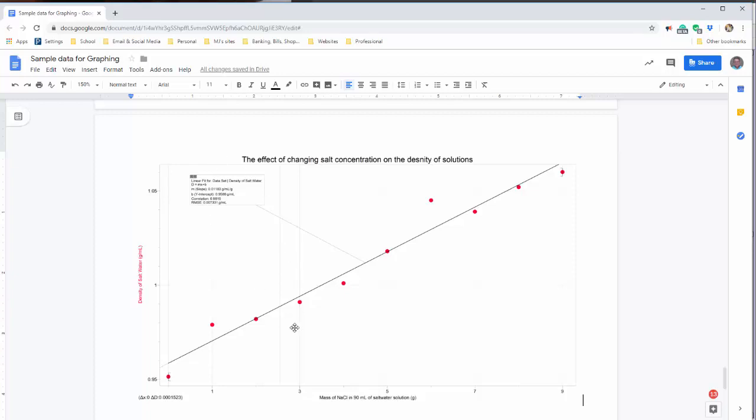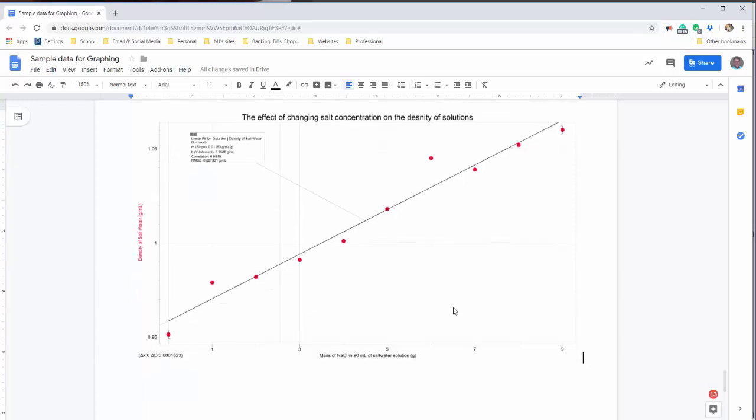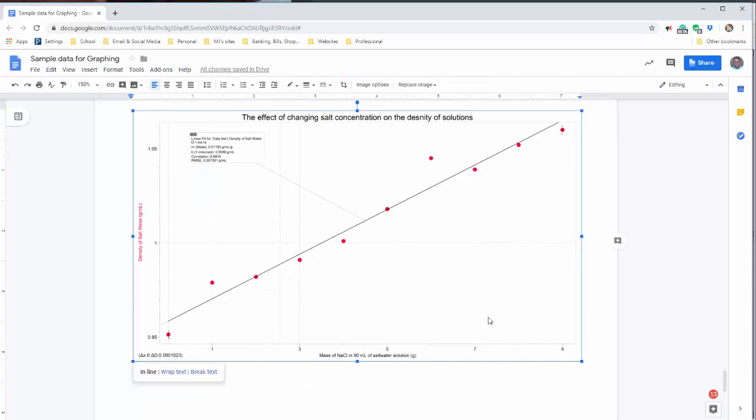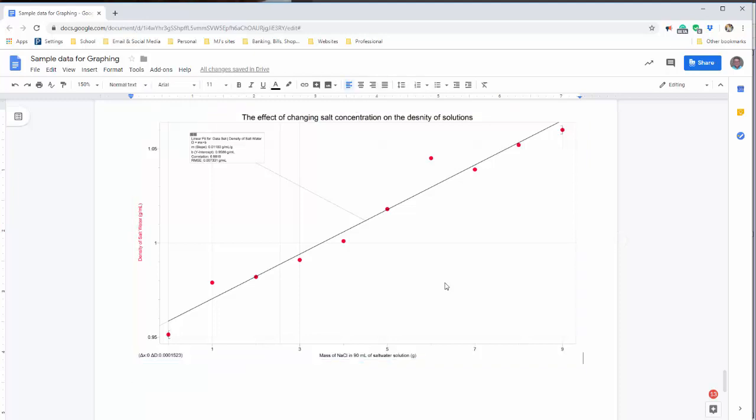All right, now, we're still missing a figure label. A graph without a figure label is not a complete graph, or not for a report anyway. So I'm going to click on the graph. I'm going to hit my right arrow on my keyboard, and then I'm going to hit enter, and I'm ready to start typing a figure label.